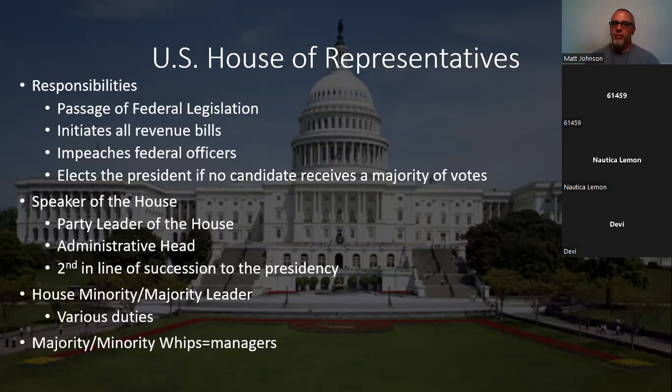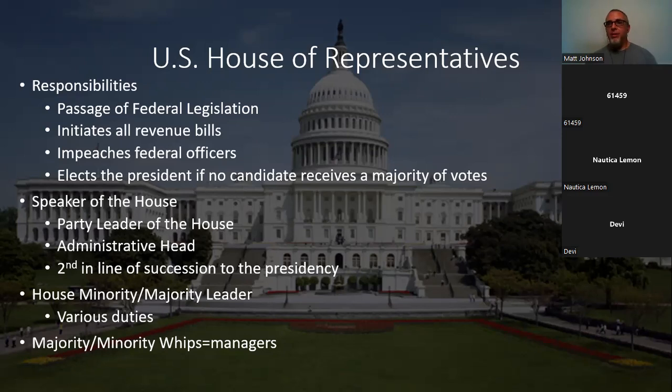So whoever is the majority in the chamber at that time. Right now, Democrats hold the majority, so they vote for their Speaker of the House. The Republicans do too. Everybody votes for Speaker, and of course they put up their own nominee.